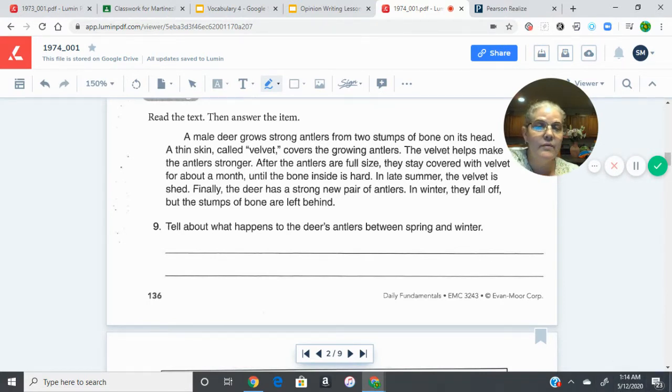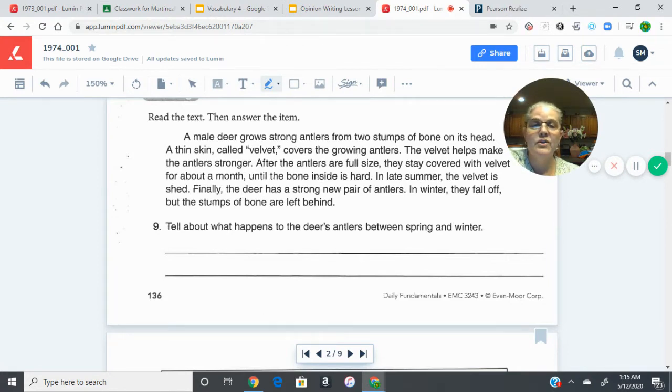So we're going to write down the process or the thing that happens to the deer's antlers between that time. A male deer grows strong antlers from 2 stumps of bone on its head. A thin skin called velvet covers the growing antlers. The velvet helps make the antlers stronger.